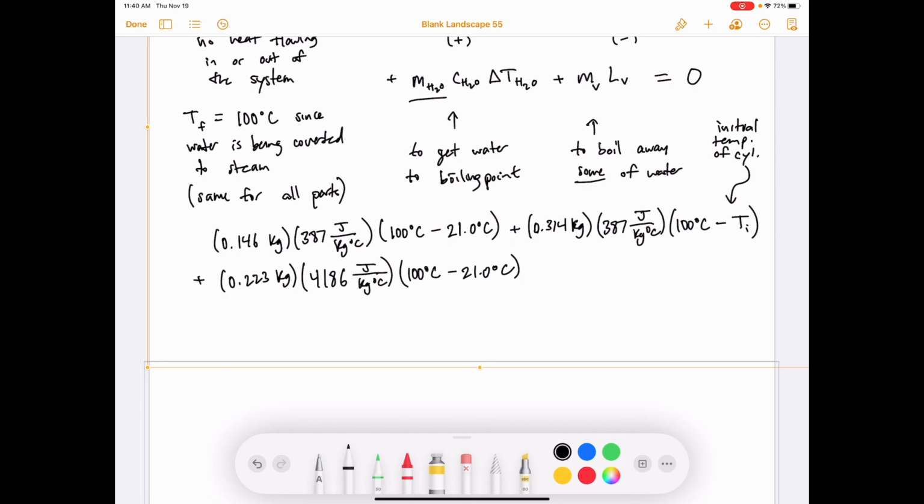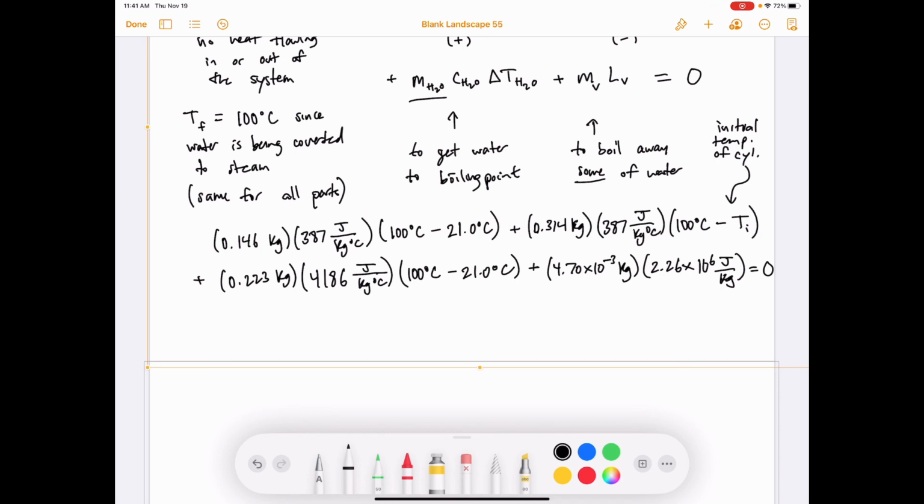And then finally, we have the mass of the water that actually vaporizes, which is only 4.7 grams, or 4.7 times 10 to the minus 3 kilograms. So we're not using the whole mass of the water, just this portion of it that actually vaporized. And then we multiply that by the latent heat of vaporization, 2.26 times 10 to the 6 joules per kilogram. And that all equals 0.